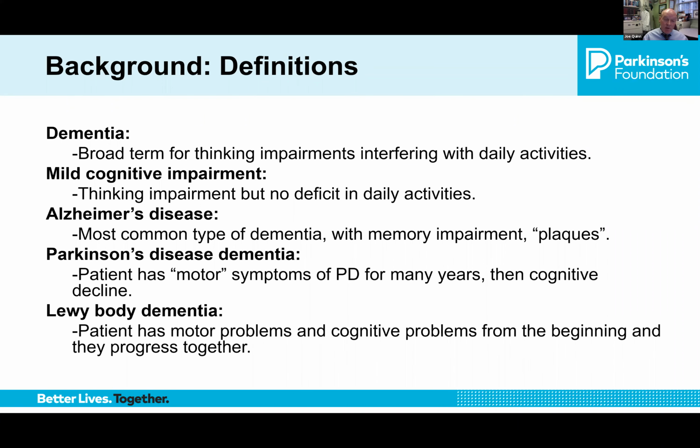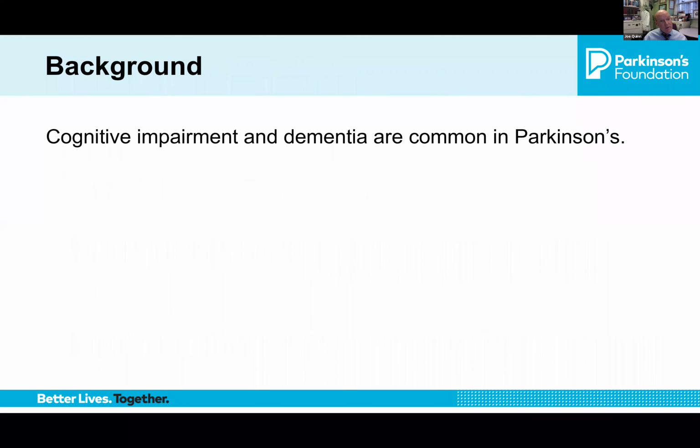They come on right at the beginning of the disease. So in Parkinson's disease, when people develop dementia, it's usually after several years, whereas in Lewy body dementia, the dementia and the movement problems come on together at the beginning. And there are more points that distinguish those features, but I'm going to leave it there for the moment.